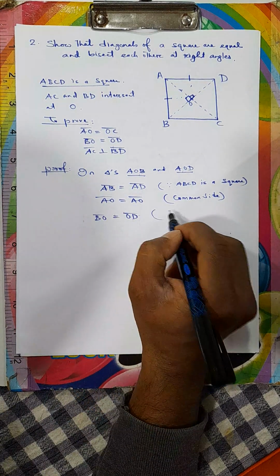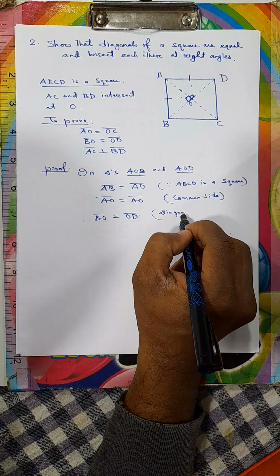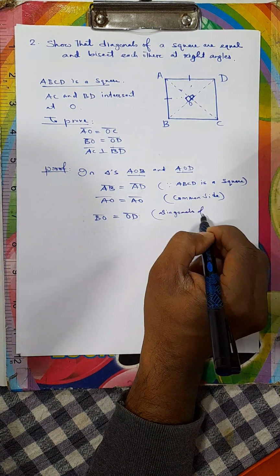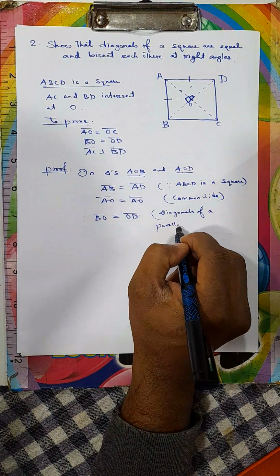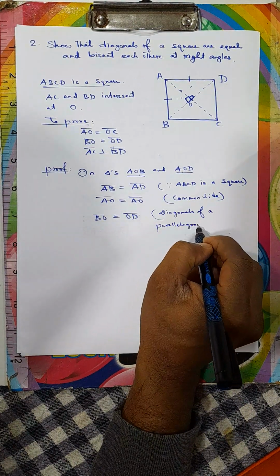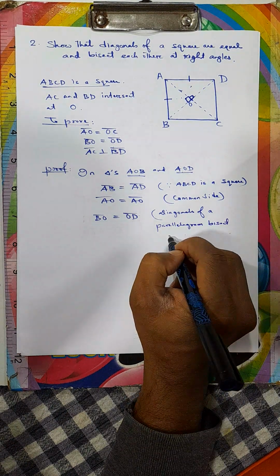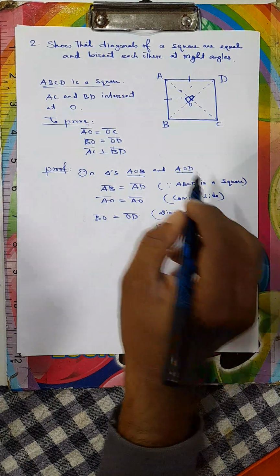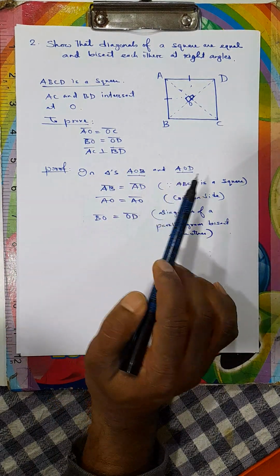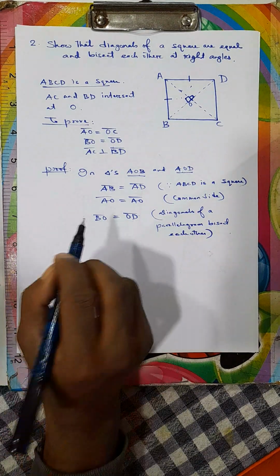Why? Diagonals of a parallelogram bisect each other. Since a square is a parallelogram, diagonals must bisect each other. That means BO equal to OD.